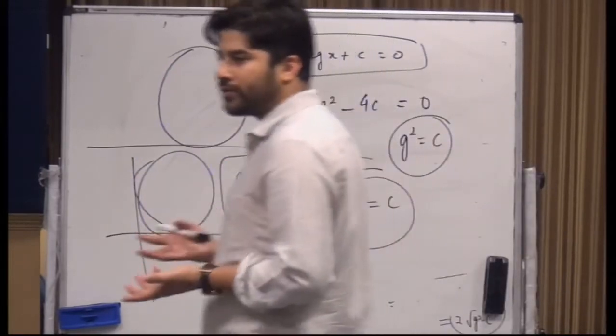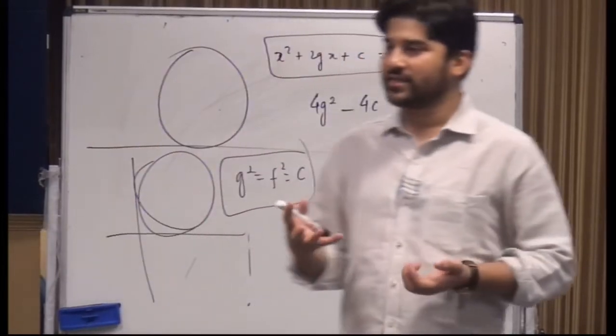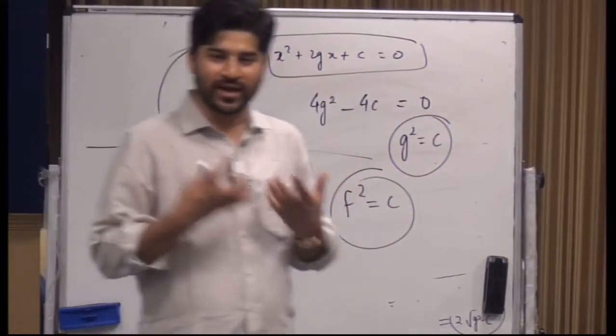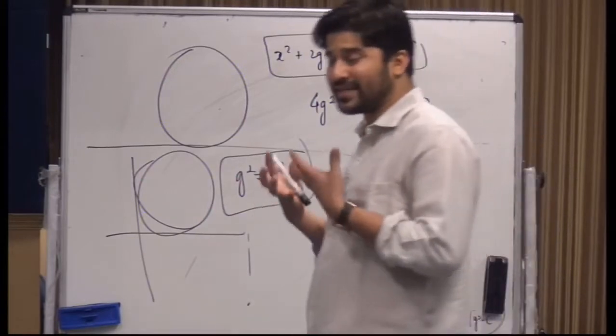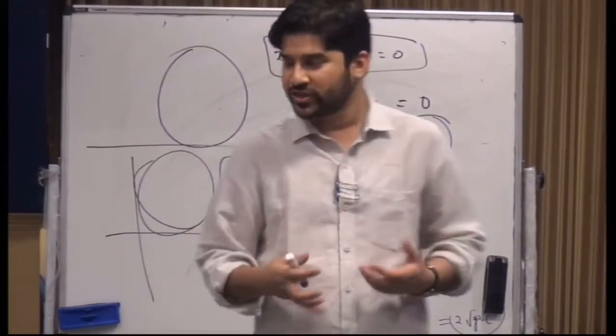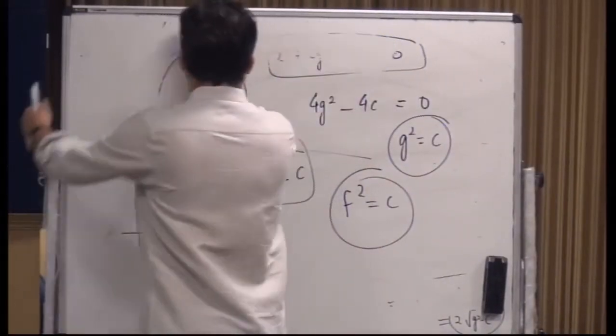Then we found that when the circle touches the x-axis, g square is equal to c, and when the circle touches the y-axis, f square is equal to c, and when the circle touches both the x-axis as well as the y-axis, g square is equal to f square is equal to c. Now the last case, what should be the last case?